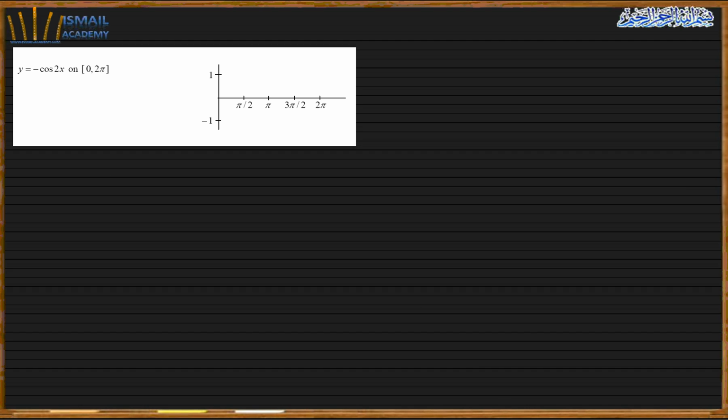Here we have cosine, but we have a minus. That's why I'm going to flip. So first I will draw cosine 2x, then I will flip about the x-axis. So first, let's draw this.